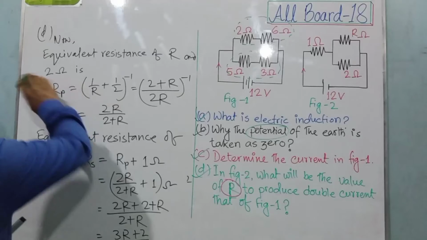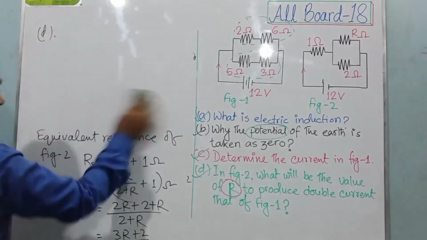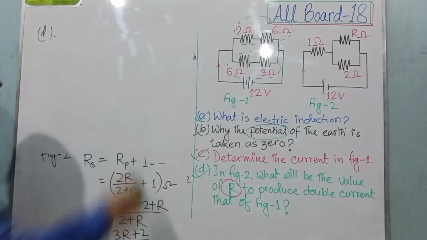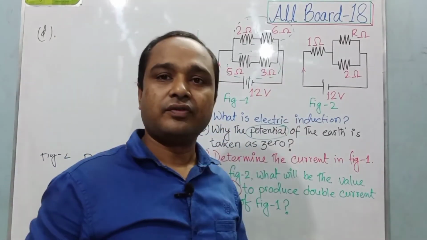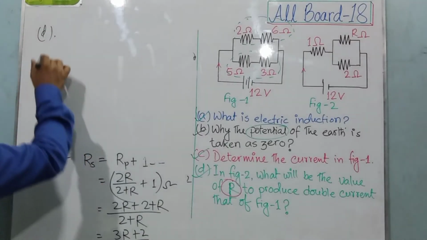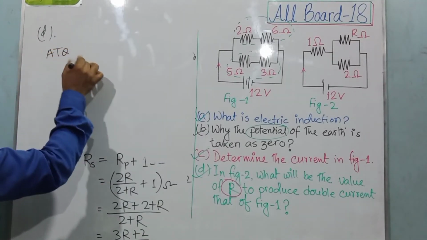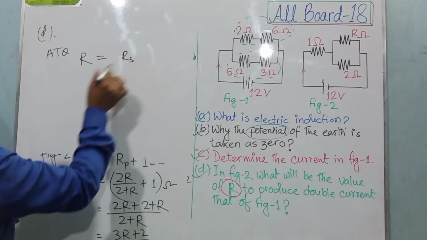So according to the question, we already found that the required resistance for the circuit will be 2 ohm, which is denoted by R. So we can write ATQ R is equal to RS.